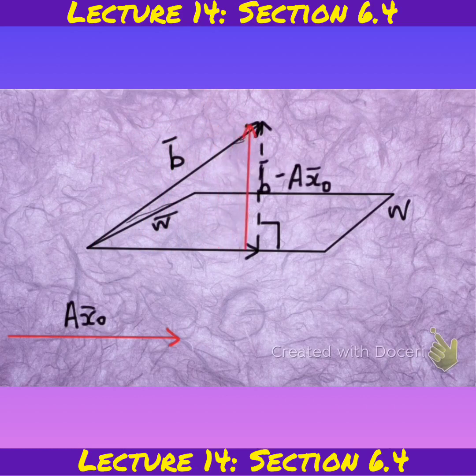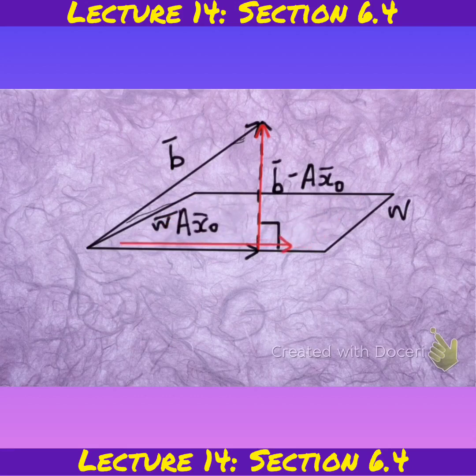Now, if we add that to the vector A x0, which lies within the subspace, adding those two vectors together gives that vector there, and therefore we can see this as the orthogonal projection of B onto W. So that is a least square solution of the system AX equals B. This x0 is a least square solution.